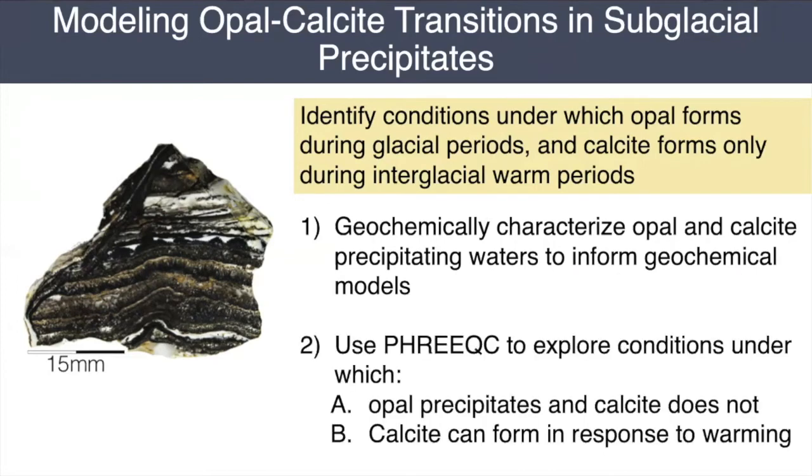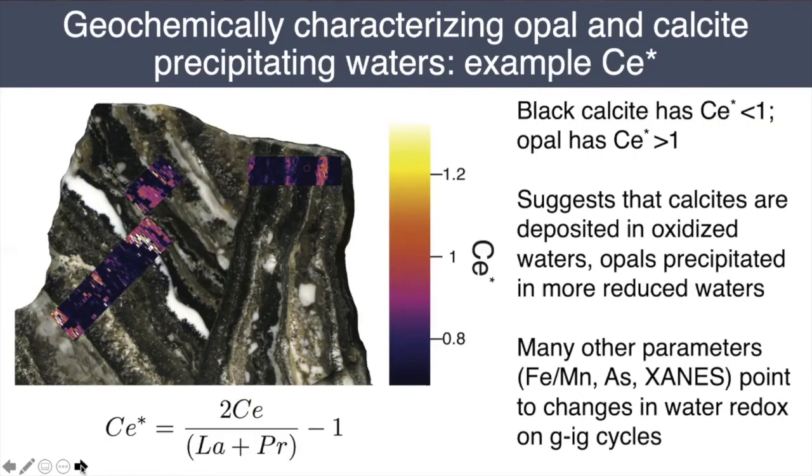And then the second process is that we'll use the Freak software to explore conditions under which opals precipitate and calcite do not.